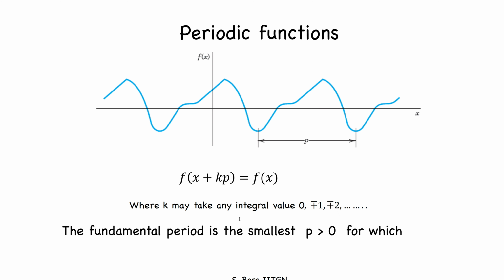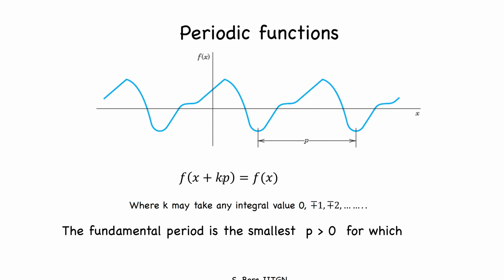Mathematically speaking, we can call any function a periodic function if it repeats itself after a certain interval of time or after a certain interval of space. For example, as written here, f(x) plus kp is equal to f(x), where k is an integer value. k can be 0, plus minus 1, plus minus 2, and p is the fundamental period.